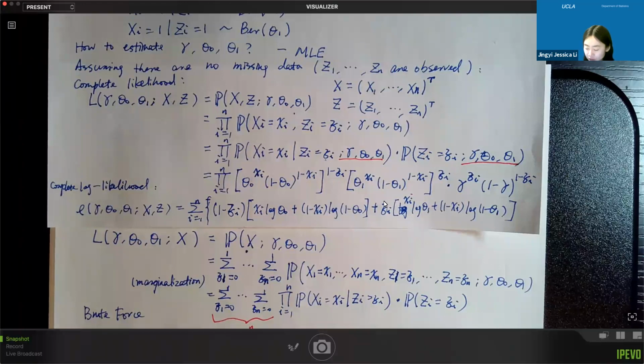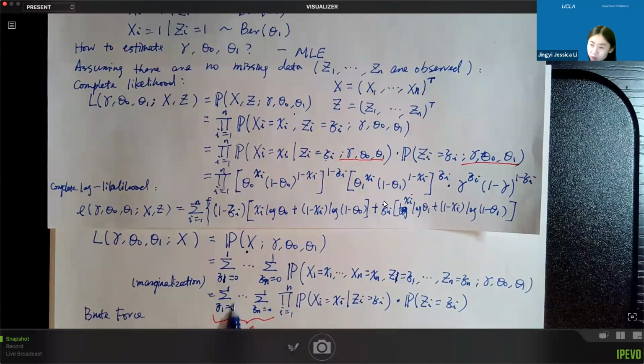So you can imagine that if your n is very small, it's probably doable. Even when we don't have a computer, this is very computationally expensive, but now it's doable. But you can imagine if your n goes larger and larger, you'll have so many summations to be taken. So that's definitely not computationally efficient. So the EM algorithm, which stands for expectation maximization, was proposed to address this problem.